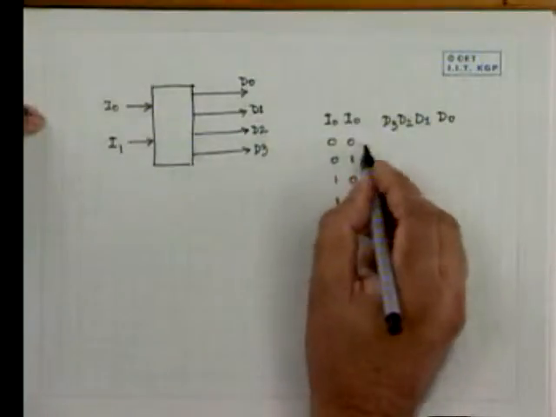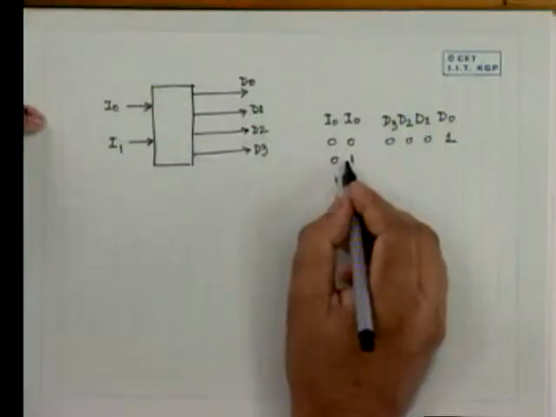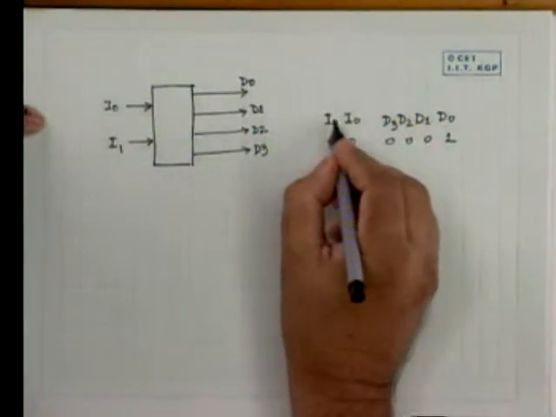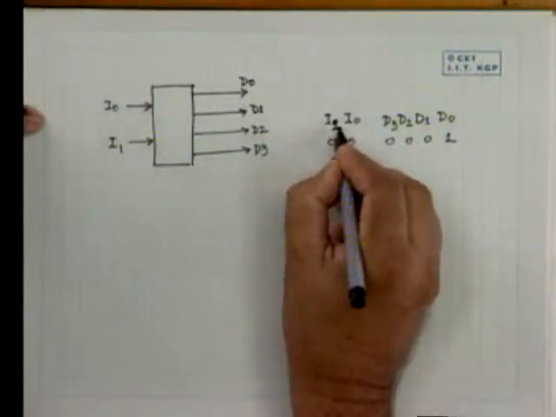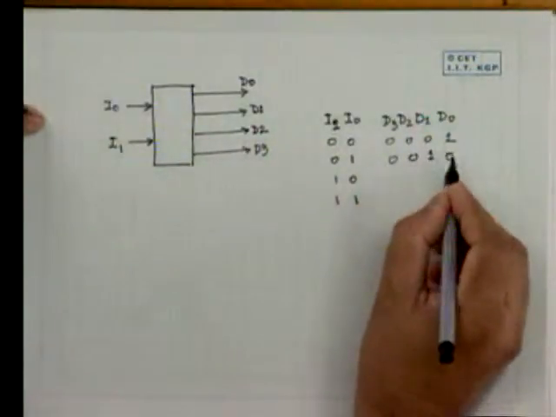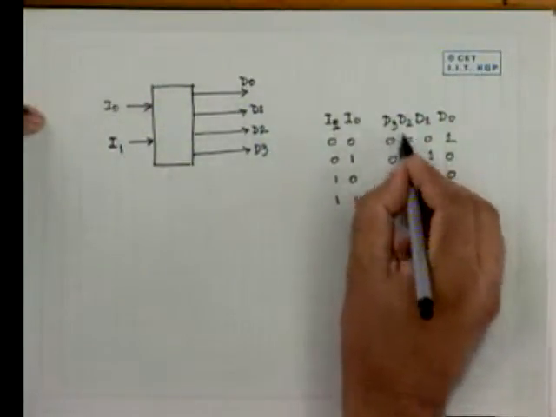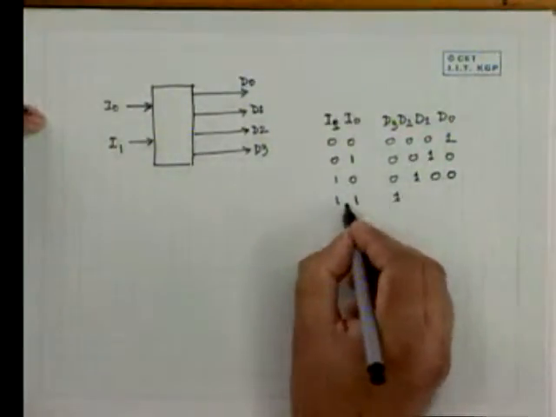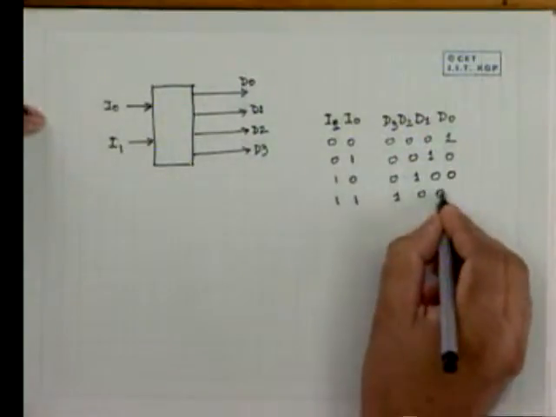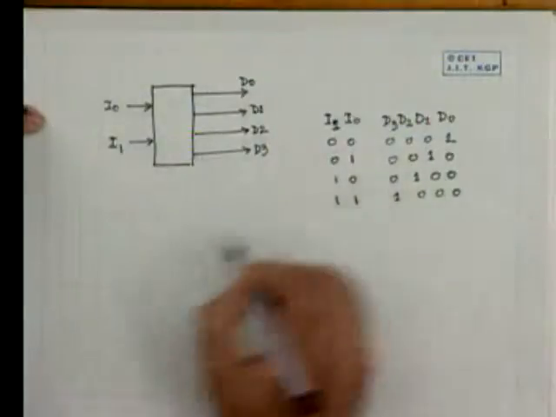For the combination 0 0, only D0 will be high. For the combination 0 1, only D1 will be high. For the next combination, D2 will be high, and for the last combination, D3 will be high. Therefore, for one combination, only one line will be high.